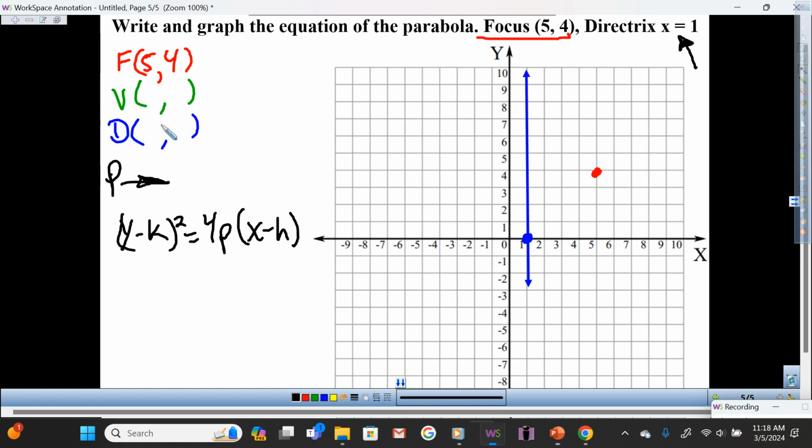What is that point, Brandon Felix? 1, 4. That is correct. Hands up if you got that. That is right. So we got 1, 4.